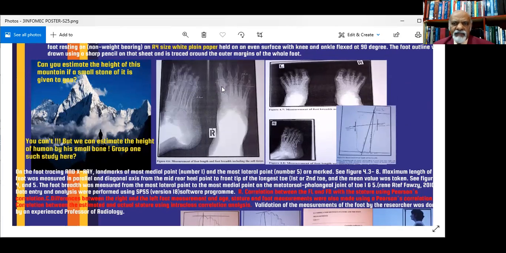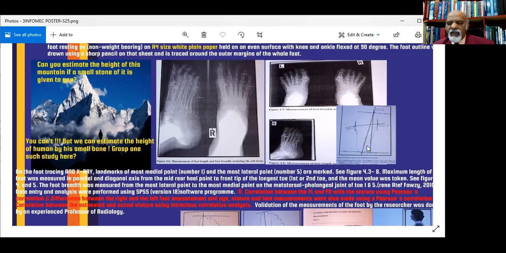After taking the length and breadth, we repeat the measurements, including the soft tissue. So we include the posterior soft tissue as well as the anterior soft tissue in the toe. Likewise, in the transverse diameter, the foot breadth also, we include the soft tissue. So 4 measurements taken in one foot and another 4 measurements taken in the other foot.